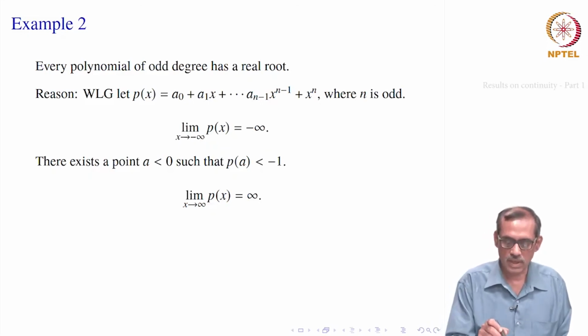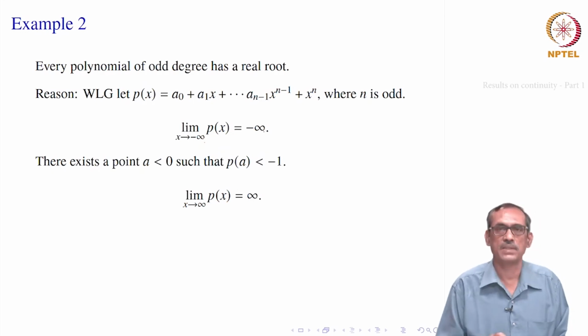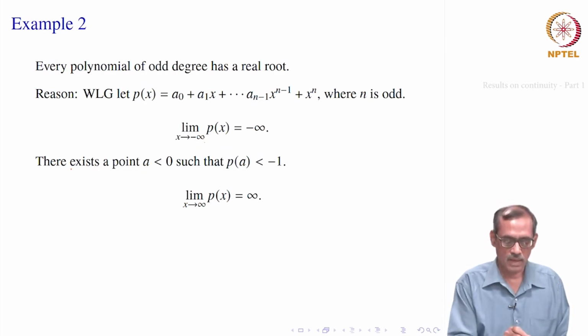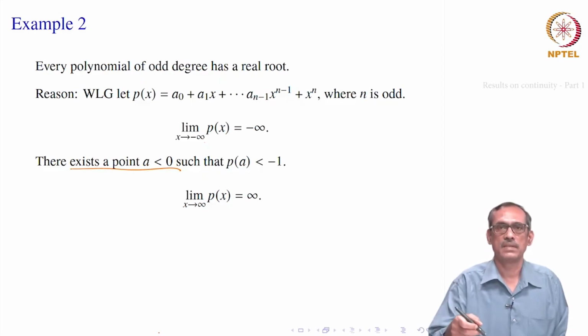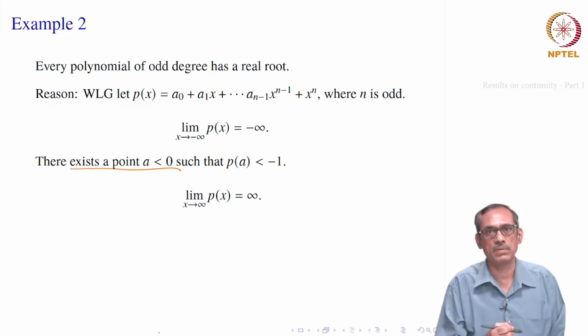Okay. So, now let us see what is the meaning of this. Limit x goes to minus infinity p x equal to minus infinity. It means there exists a negative number a such that p of a is less than minus 1. In fact, it means that the functional value p of something can be made smaller than any negative number you give me.